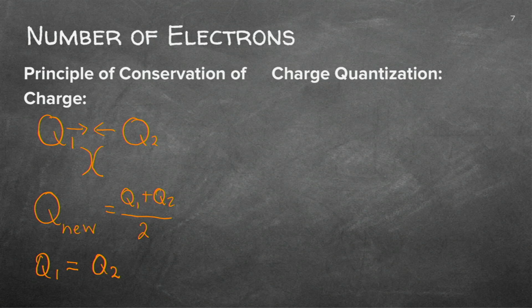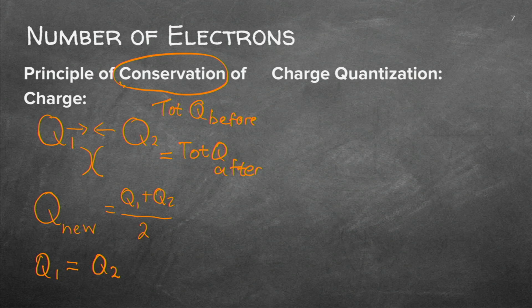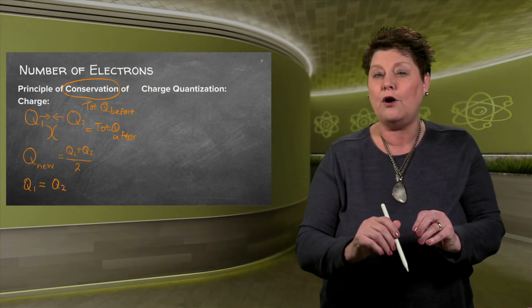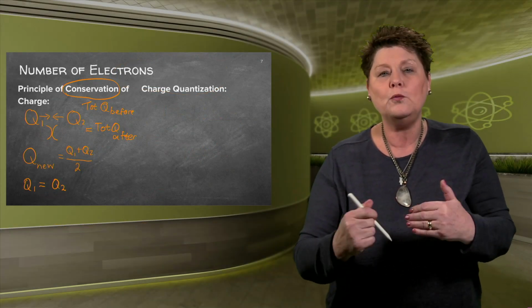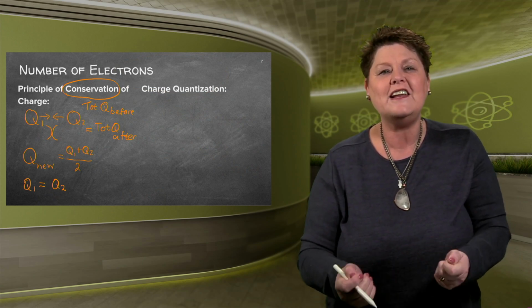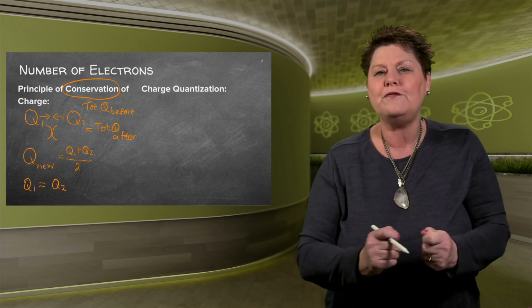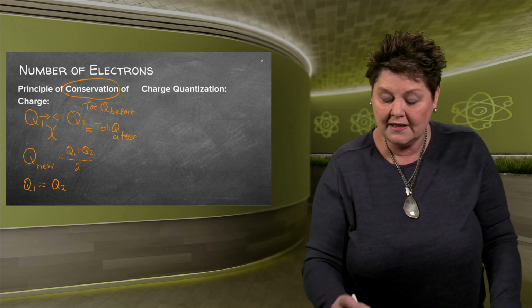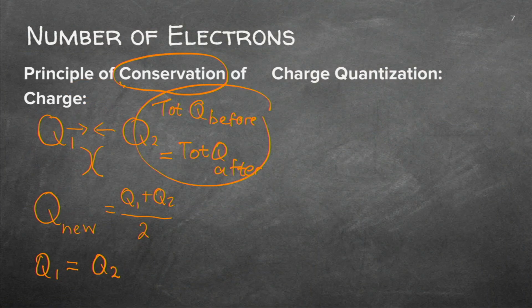But the actual fact is it's been conserved. It will be the same. So the total charge before will be exactly the same as the total charge after. So make sure that you remind yourself about the conservation of charges. You'll be conserving energy and momentum, all of those concepts later. But in this case, it's the conservation of charges.